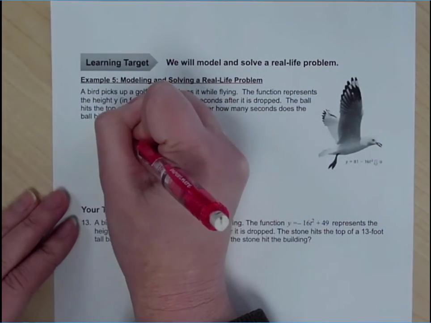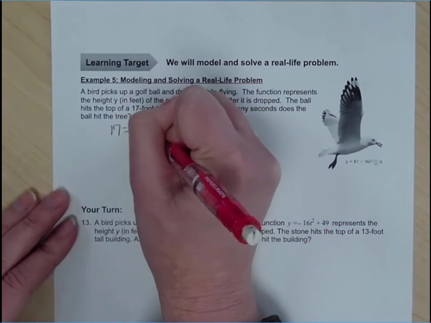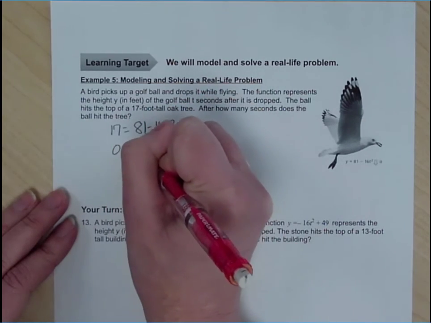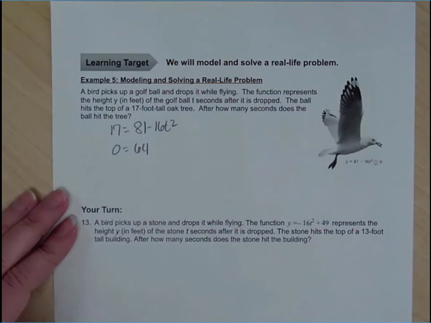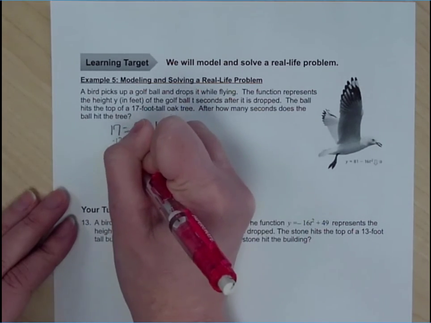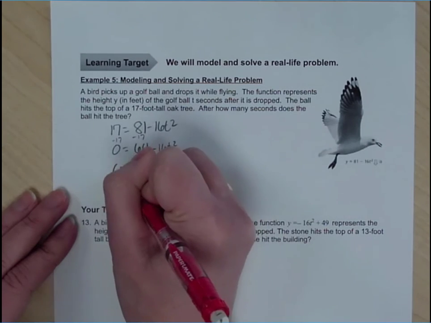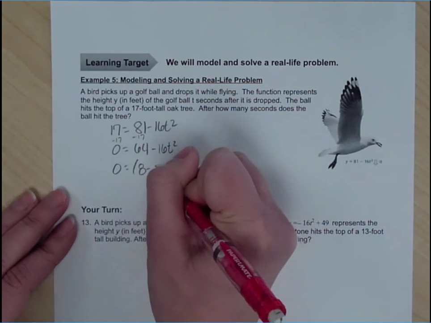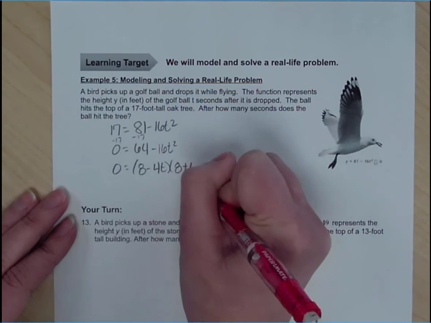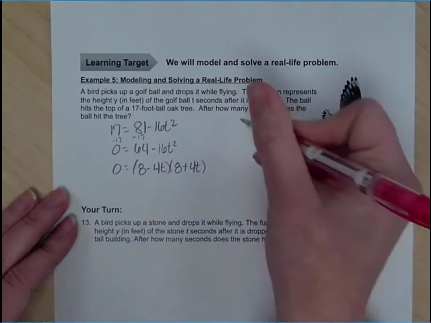Well, that means I'm going to have 17 equals 81 minus 16t squared, set equal to 0. So we end up with 64 minus 16t squared, because I subtracted 17 from both sides. So when I factor that out, I get 8 plus 4t times 8 minus 4t, although I just said that backwards.